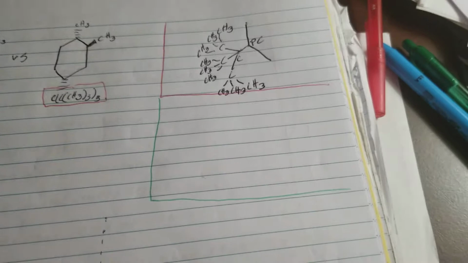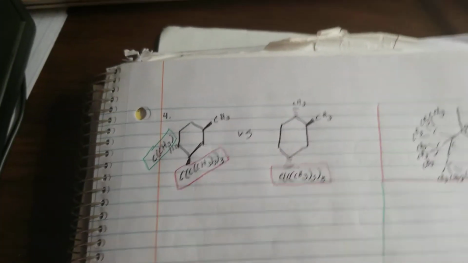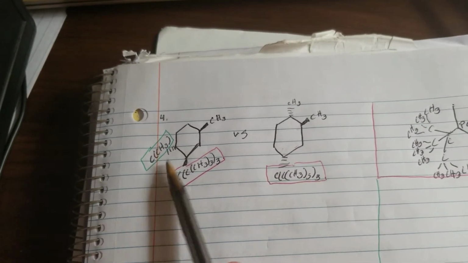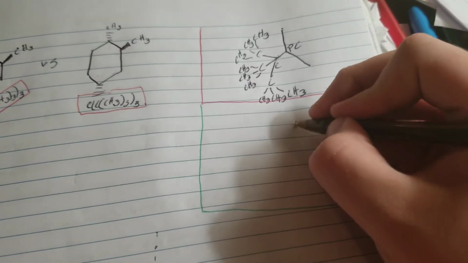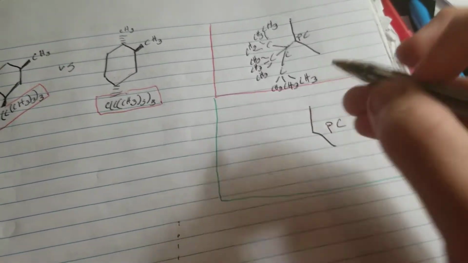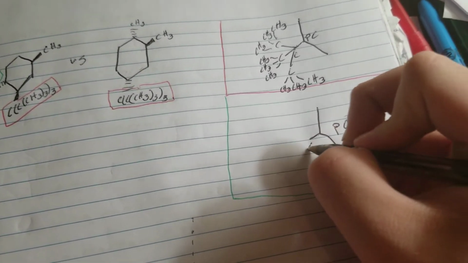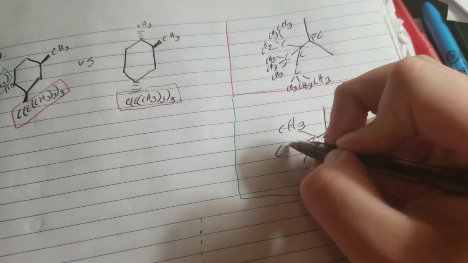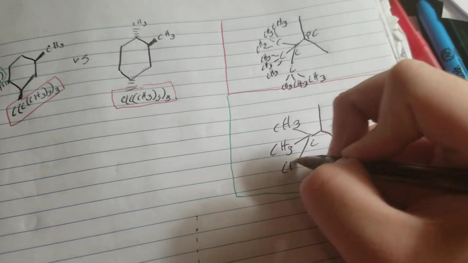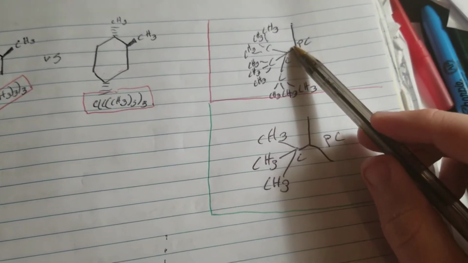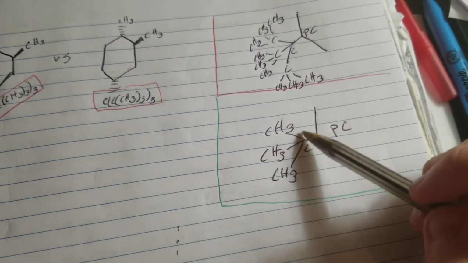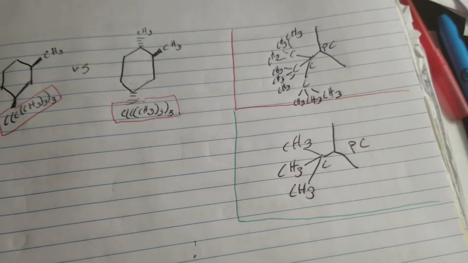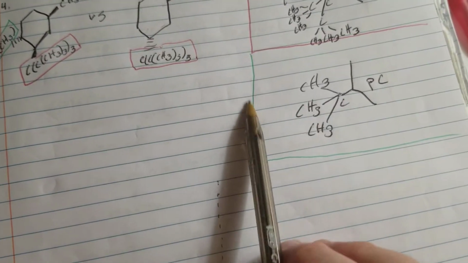Anyway, in the green, I have this kind of simpler one, where you have the parent carbon here. You have a carbon going off to just 3 CH3s. So essentially, with the red boxed one, you have a carbon going into 3 of the green boxed substituents. That helps you illustrate, and it'll help us in naming as well.